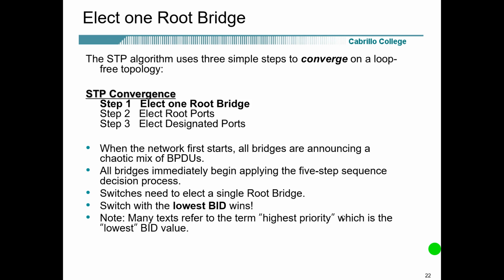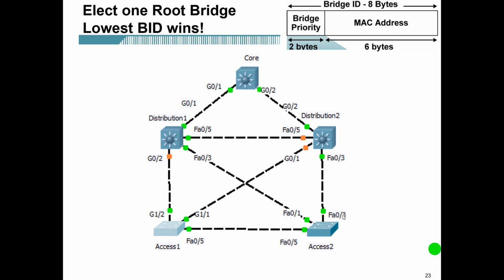Note, many texts refer to the term highest priority, which is the lowest BID value. This is known as a root war. So when the switches come online, there will be an election held for the root bridge. Remember, lowest BID wins.